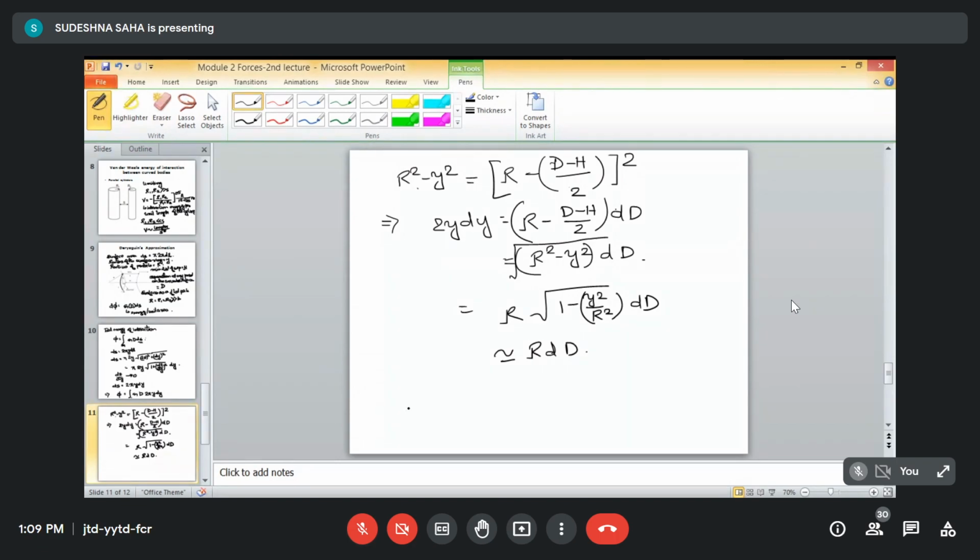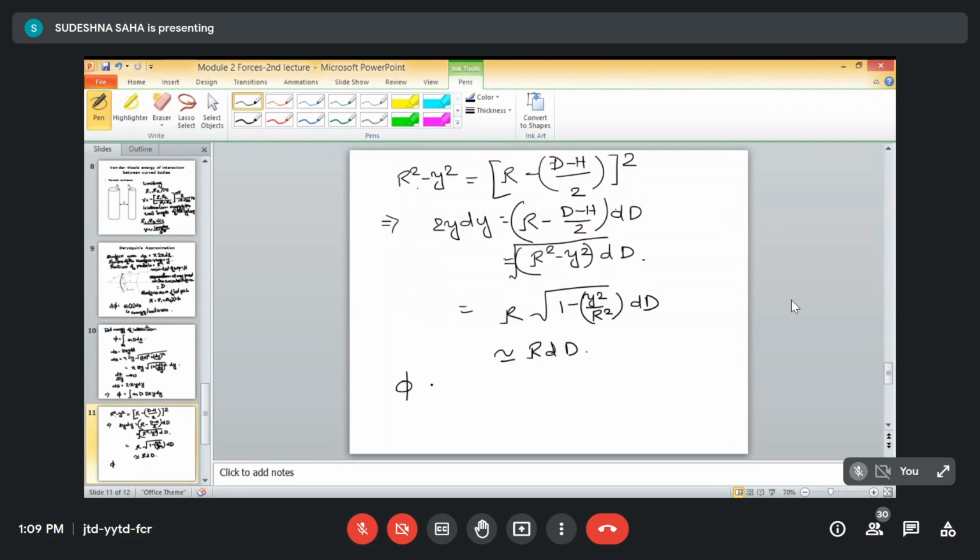And then we can replace this 2y dy from the equation to get g dd.